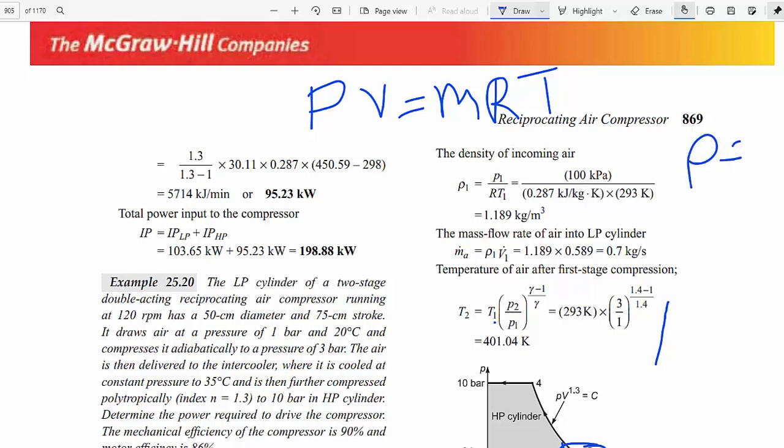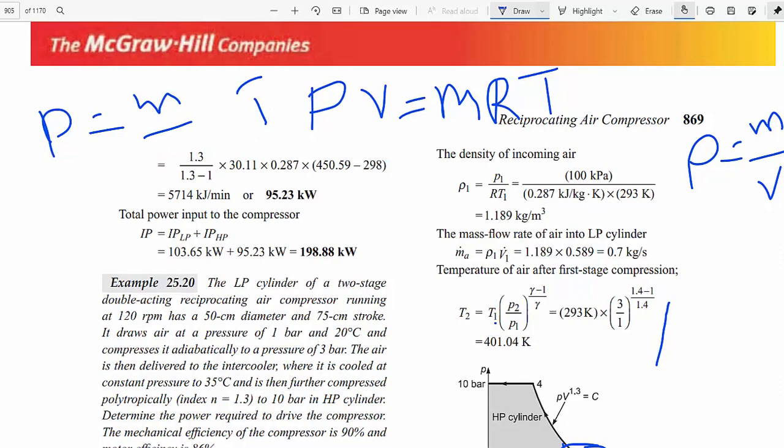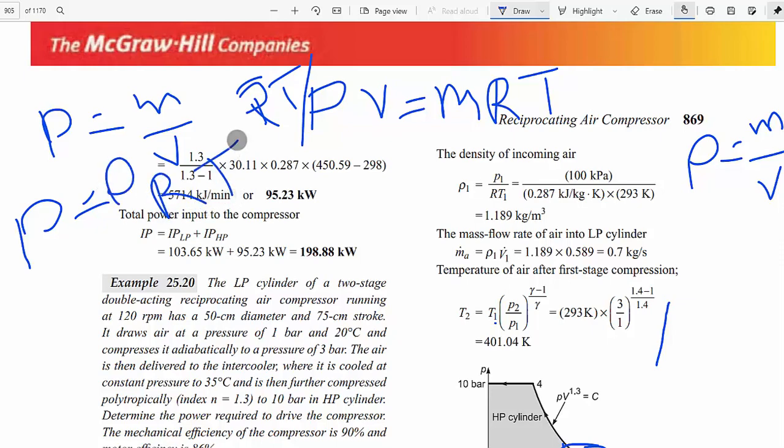Rho equal to m by V. Therefore, P equal to m by V into RT. Since m by V equal to rho, P equal to rho RT.